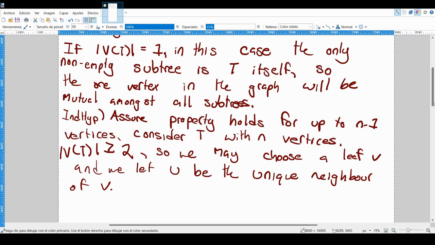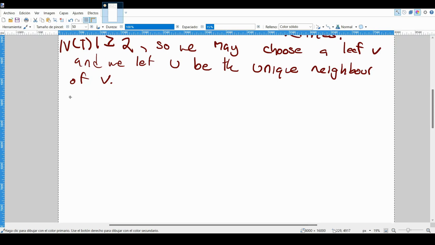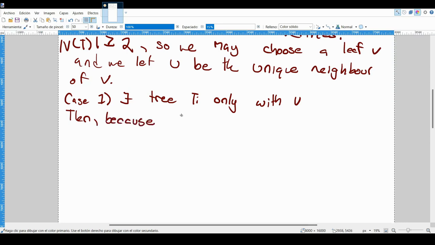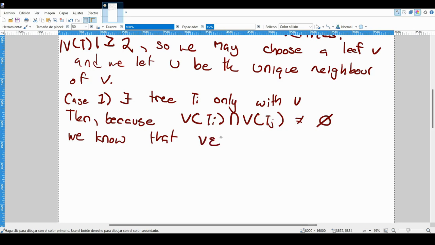Now we are going to evaluate two different cases. In case 1, we are stating that there exists a tree Ti with only V, the leaf V. However, in this case, because we had in our original assumption that in the set of subtrees, all of them will have at least one vertex in common pairwise with each other, we know that V must be in the vertex set of Tj for every j between 1 and m.